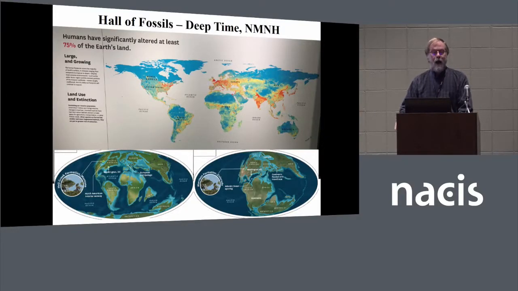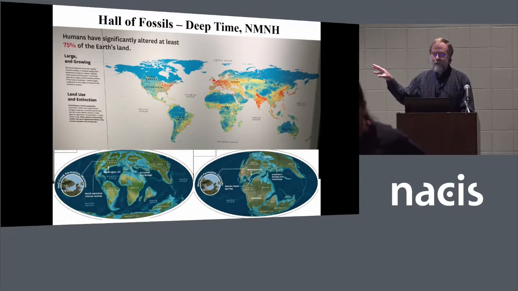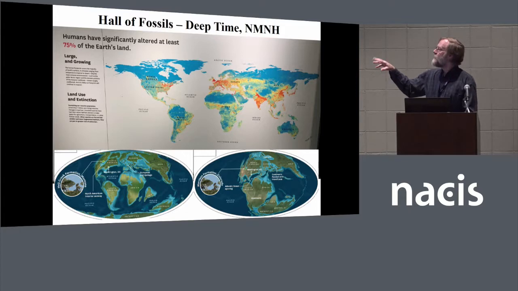Anyway, our fossil hall just opened this year, and they've got a series of maps dealing with Ronald Blakey's series of how the Earth looked at different time periods in the past, Cretaceous, Jurassic, showing here, and plus human footprint.